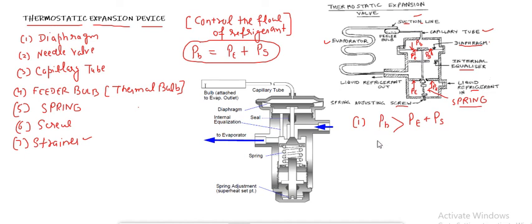Obviously it means what? It means that more and more refrigerant in the evaporator is absorbed and used in the evaporator. So it means that the load on the evaporator is increased.